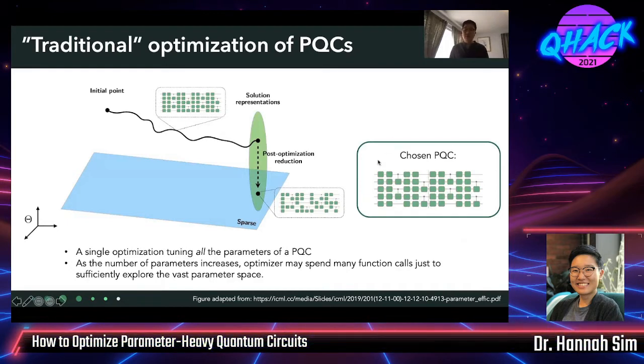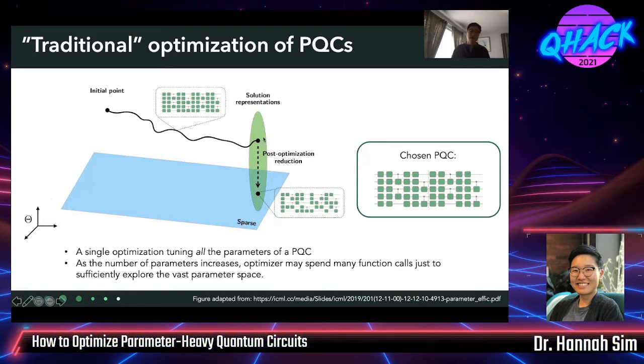And so if we suppose that this is the parameterized quantum circuit that we want to optimize, where each of these gates that are in green represents a parameterized operation, what we would normally do is, for example, if we were to look at a particular optimization run from the parameter space, the path would look something like this, where each point in the path corresponds to an algorithm tuning every angle or parameter in your circuit.